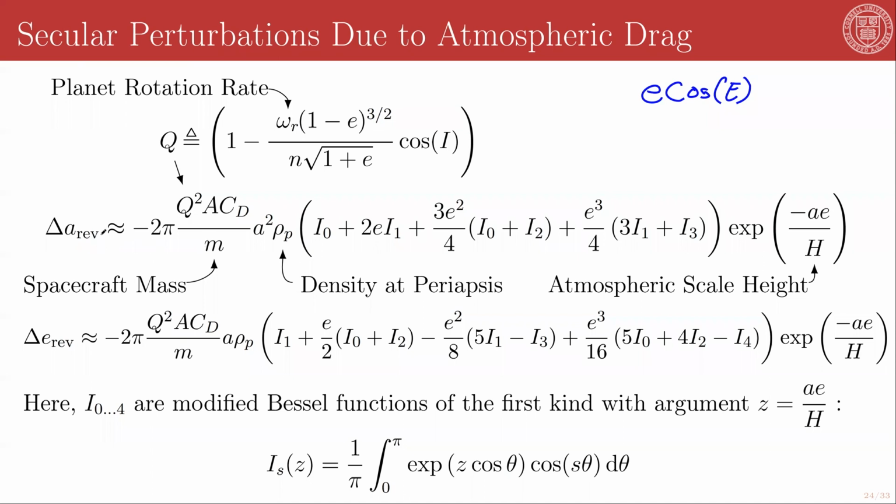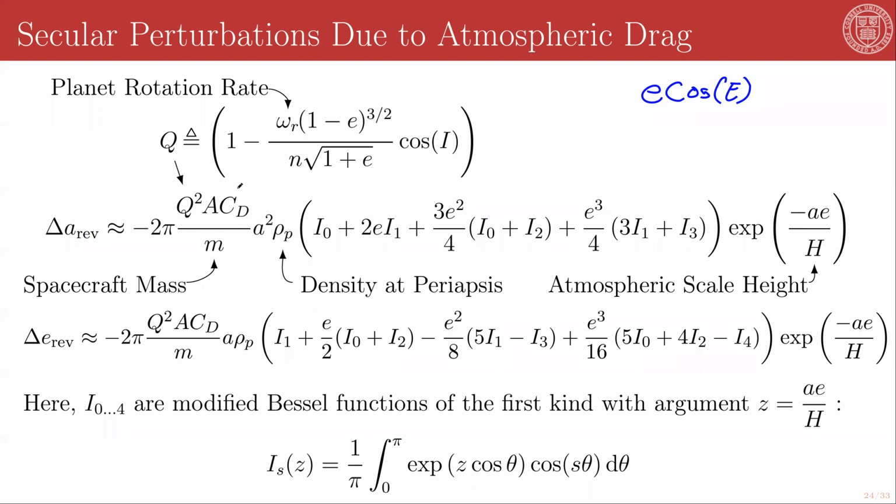And what it says is that the change in semi-major axis over the course of one revolution, on average, due to atmospheric drag perturbations, is given by -2π times this quantity q squared, where q is 1 minus the planet's rotation rate times (1 minus the orbital eccentricity)^(3/2), over the orbital mean motion times the square root of 1 plus e times the cosine of the orbit's inclination, times the cross-sectional spacecraft area times the drag coefficient over the spacecraft mass.